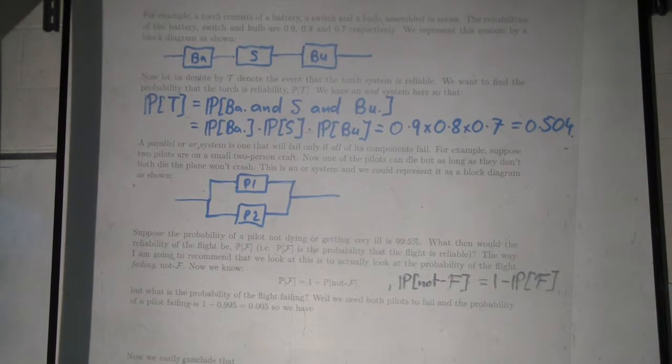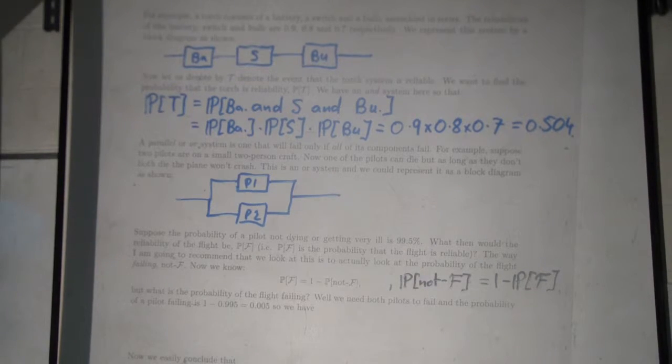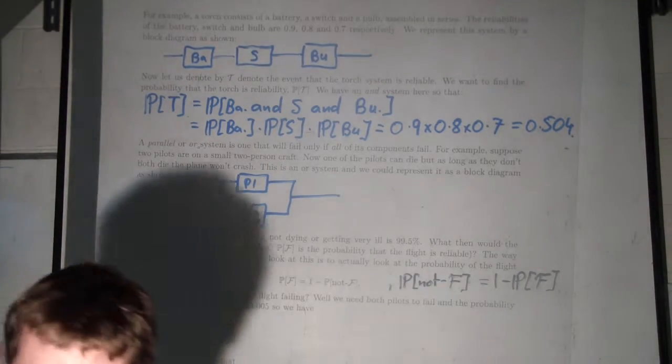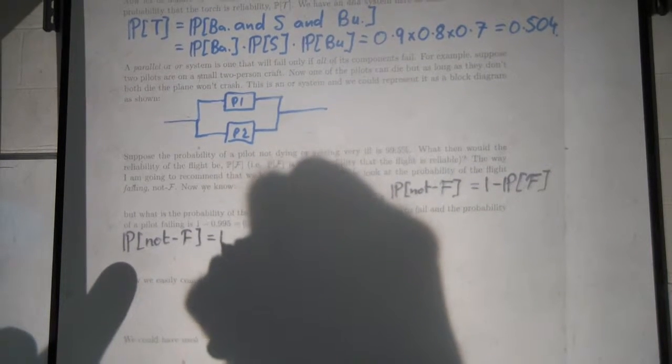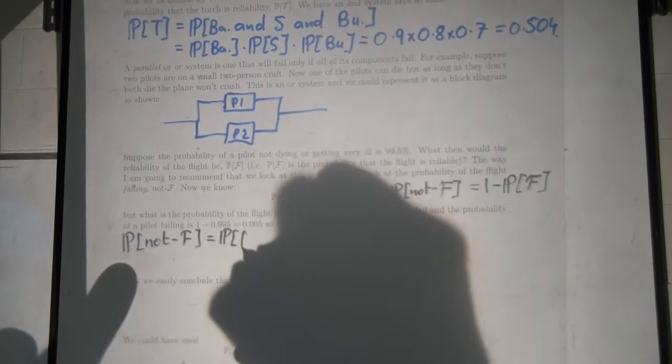So what you should instead ask is, what is the probability of it failing? The probability of the flight failing, I'll write it two different ways, or easier, the probability of failing.